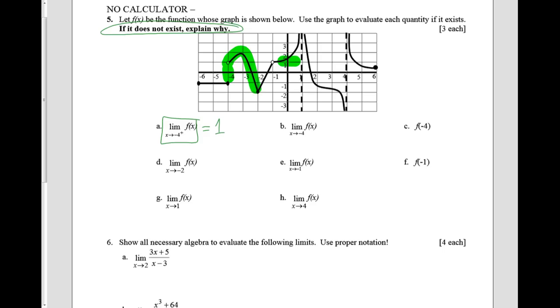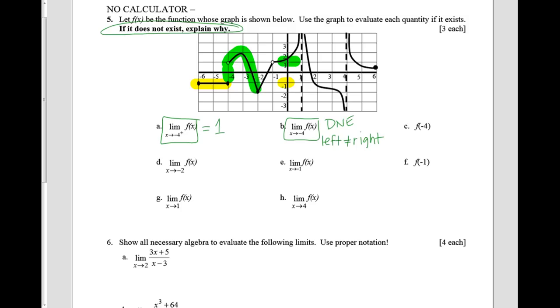In part B, it asks me to find the limit as x approaches -4 of f of x. In order for this to happen, the left and the right have to go to the same place. So I already said that the right is up there at +1, but my left finger would be down here at -1. So that means that this limit does not exist because the left does not equal the right.